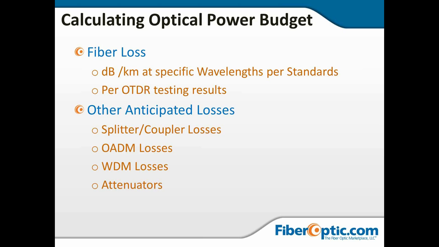Different wavelengths have different amounts of loss per kilometer, so that attenuation per kilometer is going to be different at 1310 or 1550, 1625, or any of the discrete lambdas that you might use with DWDM.